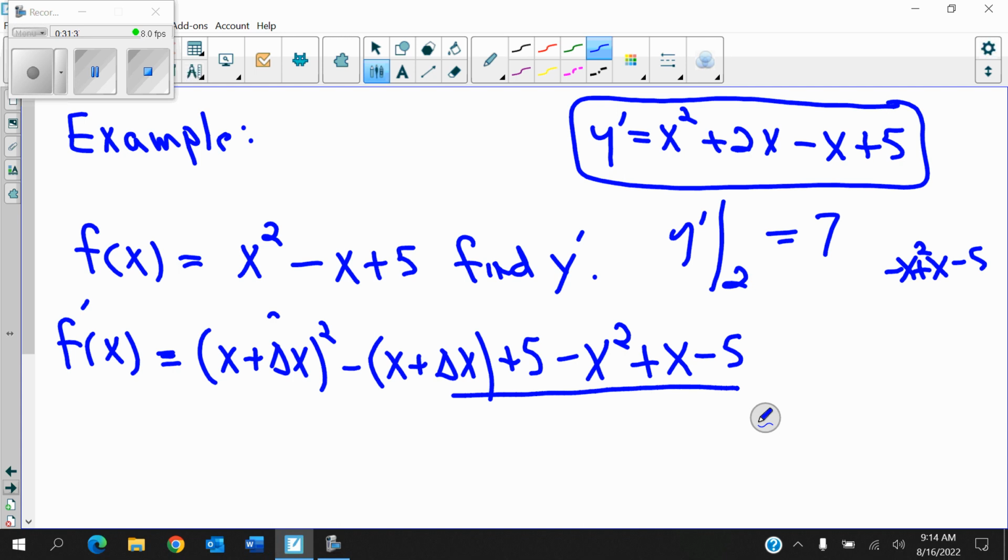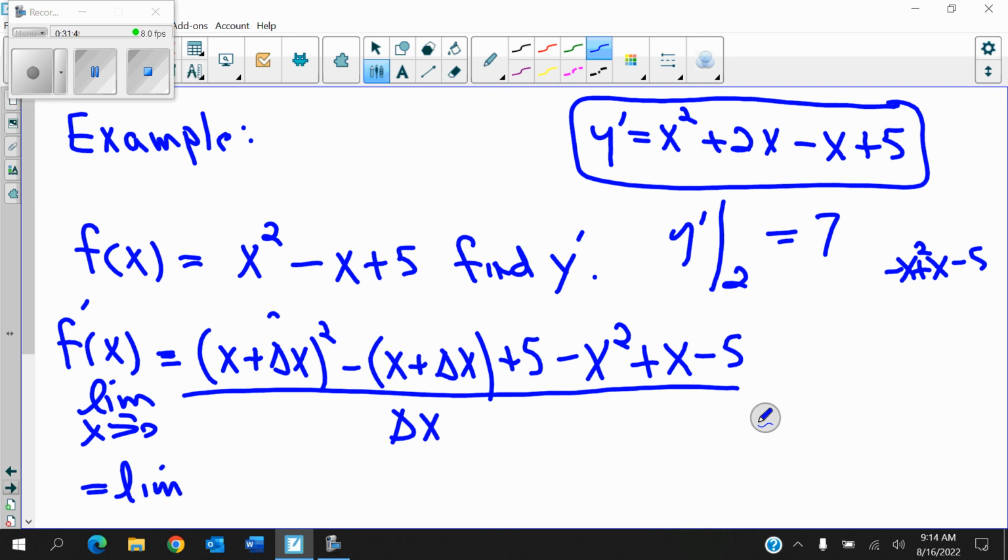And this is all over delta x, so we got to put the limit out in front. Limit as delta x approaches 0. Now we got to do some math here. This is going to be equal to the limit as delta x approaches 0 of x squared plus the quantity delta x squared plus there's going to be a 2x delta x in here, right?